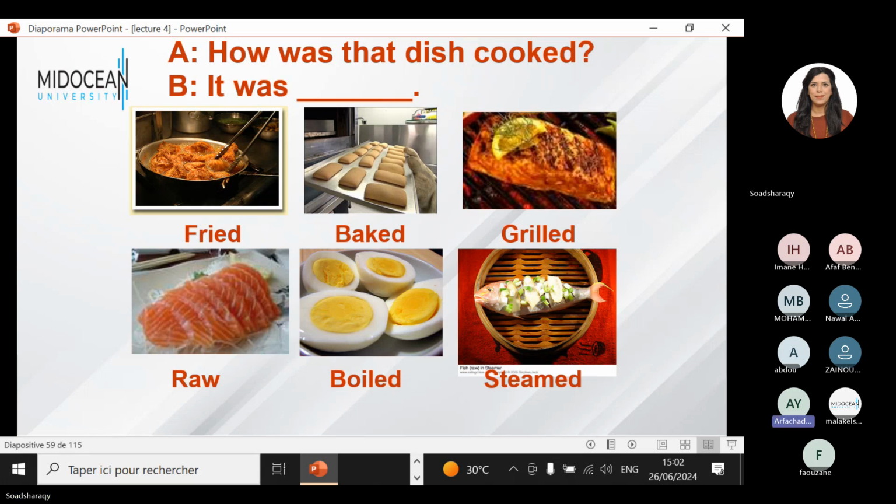It's boiled. Sorry? It's steamed. It's the same as boiled. How do we cook it? We use hot steam, okay? It's generated from water in order to cook food.